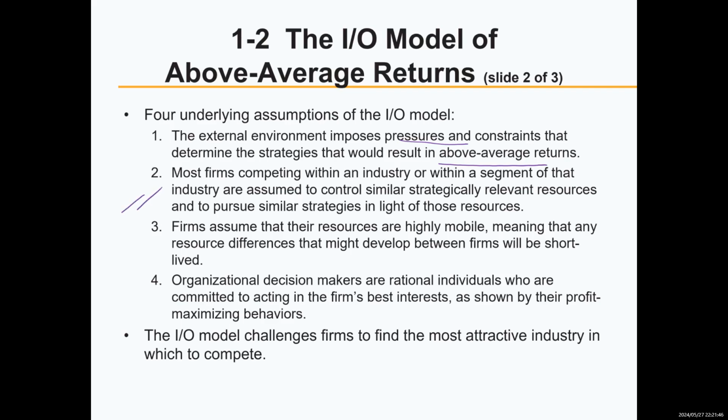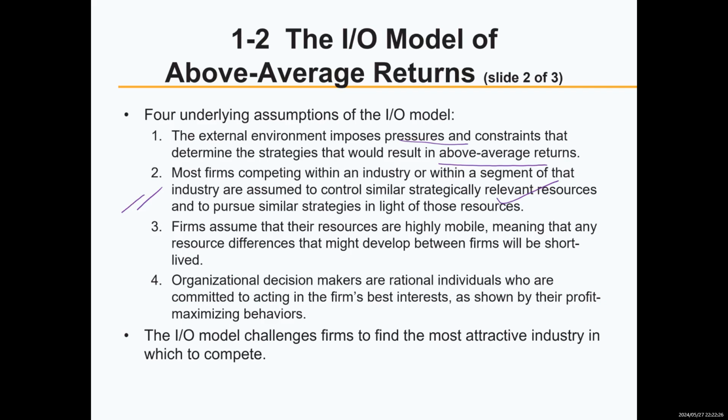Number two, most firms competing in an industry or segment control similar sets of strategy-relevant resources, and thus pursue similar strategies. This assumption presumes that, given a similar availability of resources, most firms competing in a specific industry have similar capabilities and thus follow similar strategies.